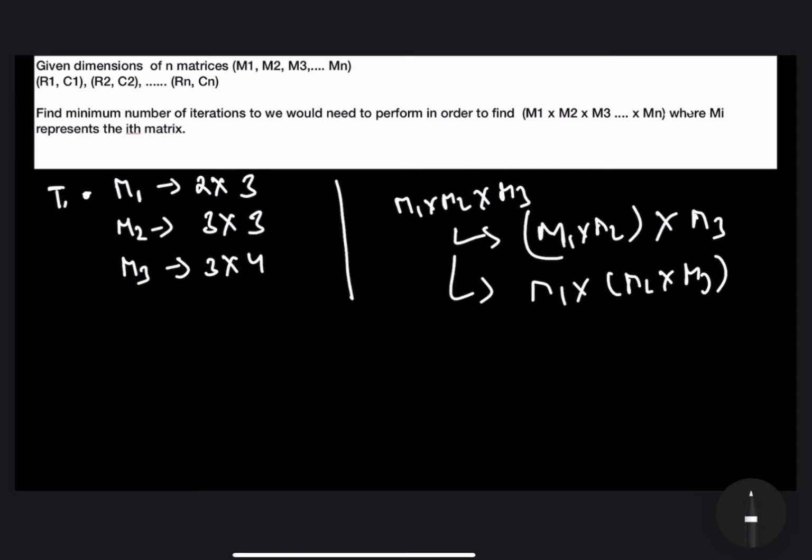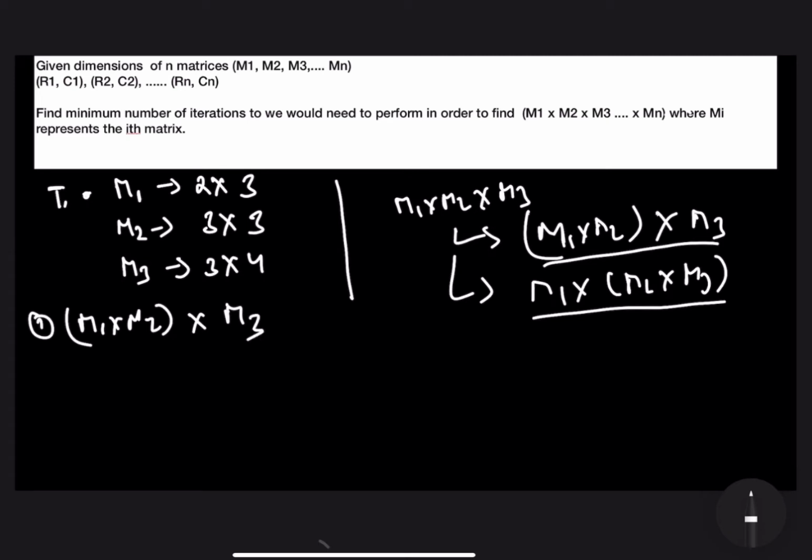The important thing to note is, even though the end result will be the same, the number of iterations to evaluate these two expressions can be different. Let's lay down the first expression, that is m1 into m2 under a bracket multiplied to m3. For evaluating this expression, the first step that we would need to perform is m1 cross m2.